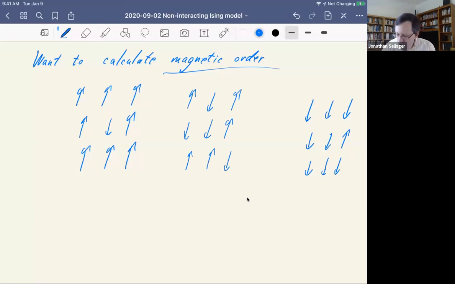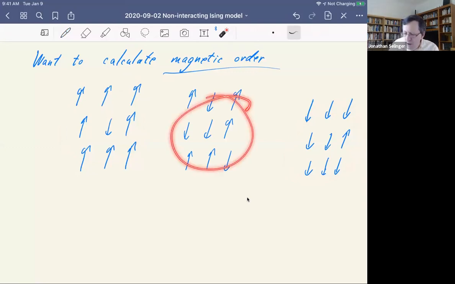Okay, so we want a mathematical quantity that can distinguish between these different possibilities: well aligned up, or well aligned down, or not so well aligned.